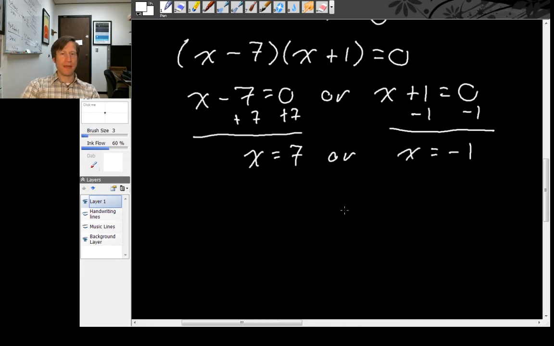And these actually work in the original equation. Again, the original equation was x squared minus 6x plus 5 equals 12.